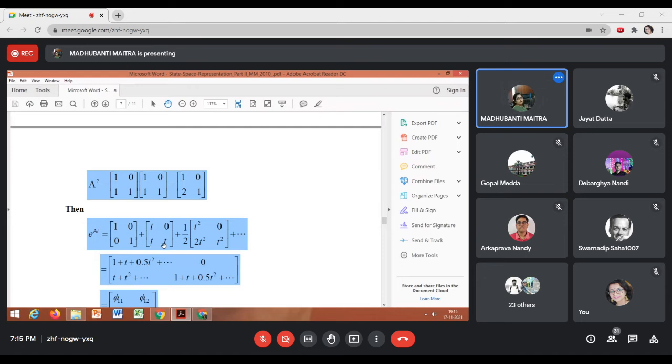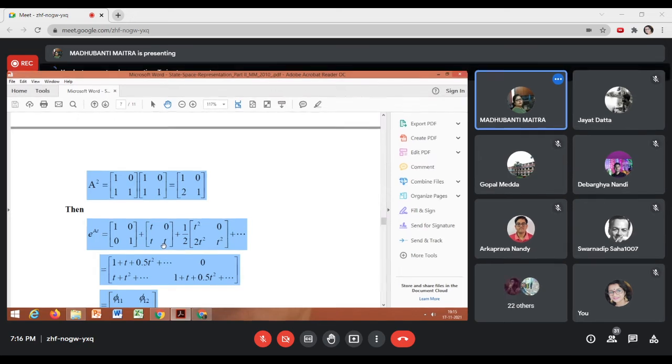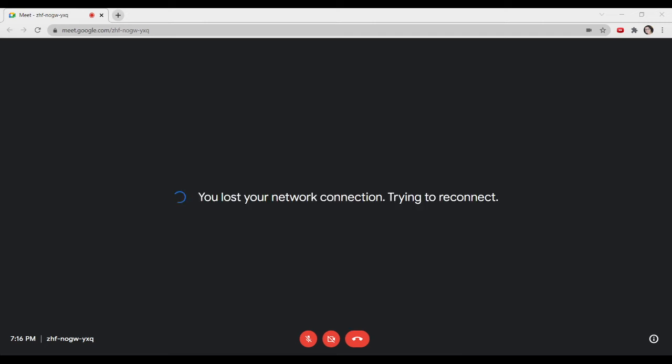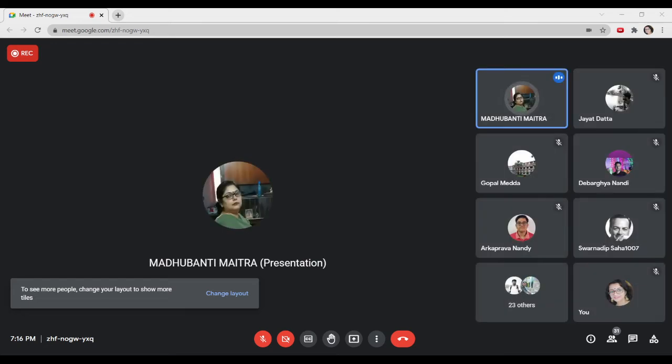Can you follow? This one will be 2t square, and this is t square.